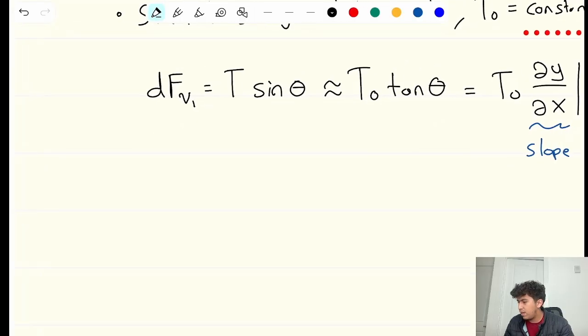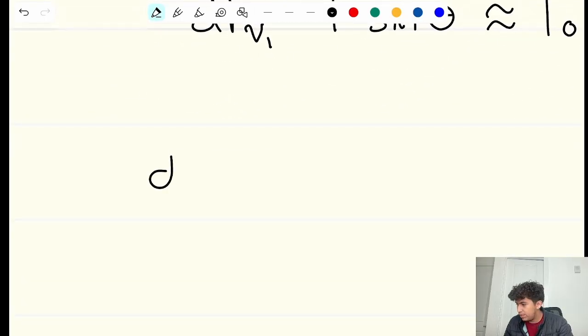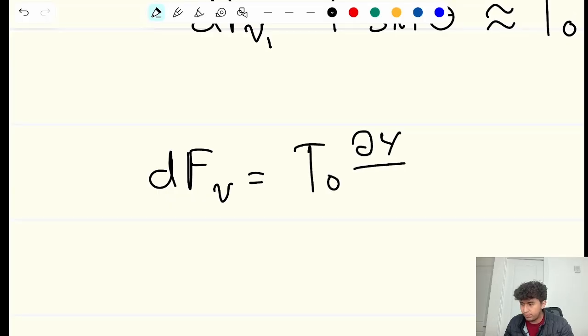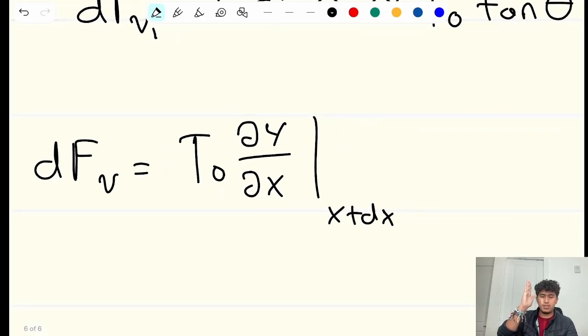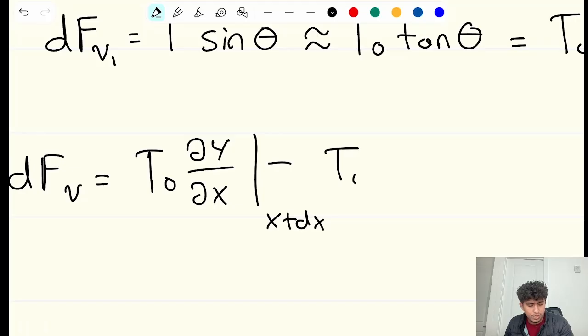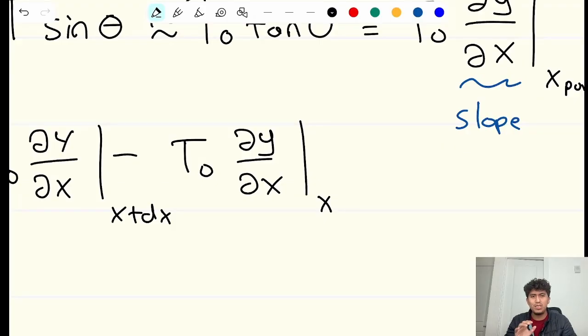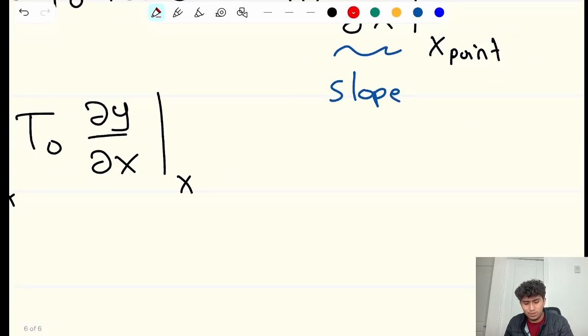Cool. Then the full vertical force on the small segment is the vertical force at x plus dx minus the vertical force at x. If this doesn't make that much sense, this part of the derivation is not completely important.